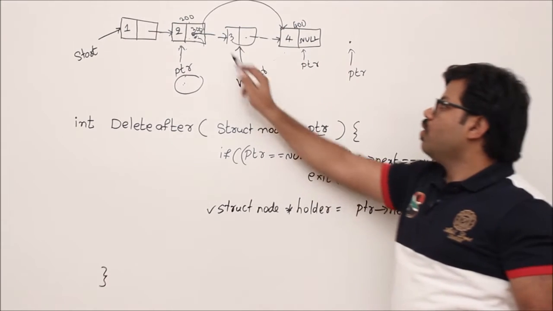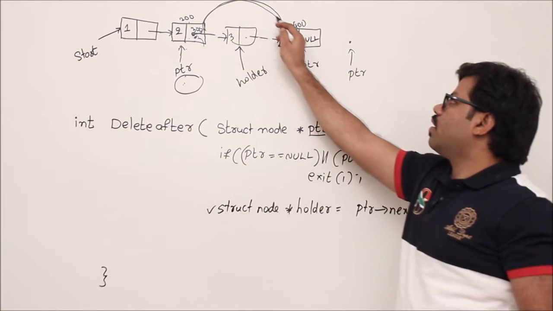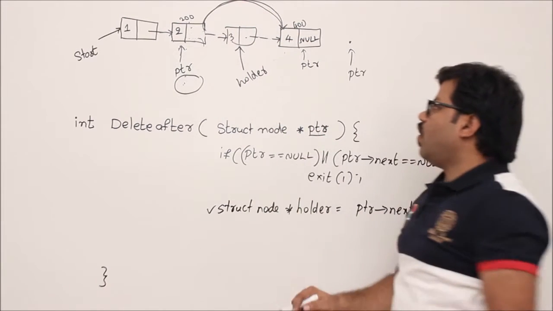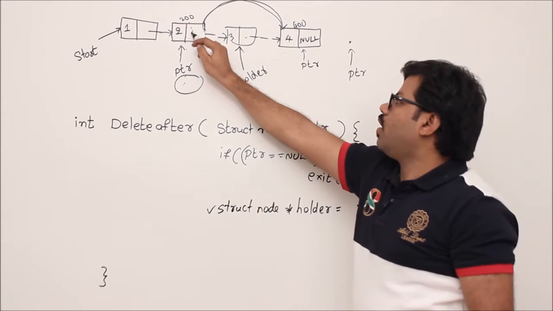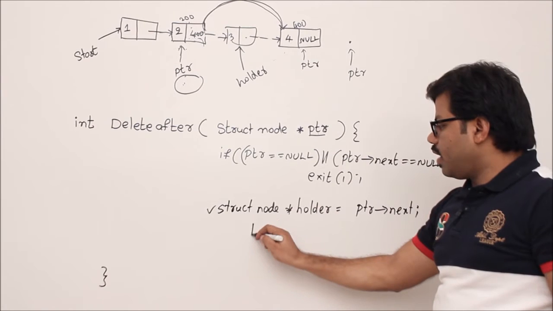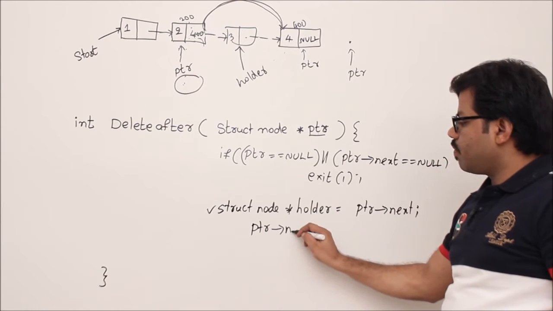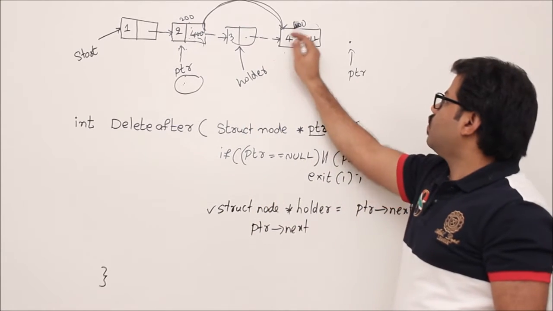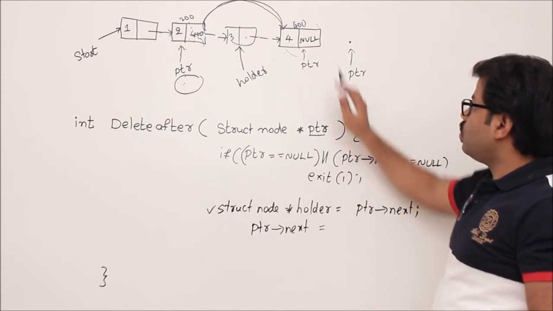Now we are ready to change the links from here to here. For that you tell me what to do. This position should be changed and updated to literally 400. So how to write code for that? Simply ptr->next, this one equal to this one, 400. How to say 400?